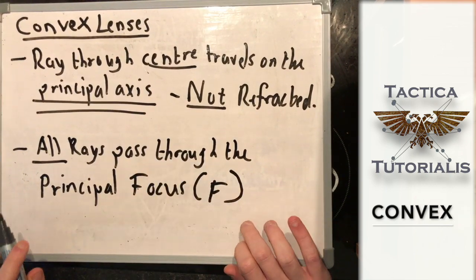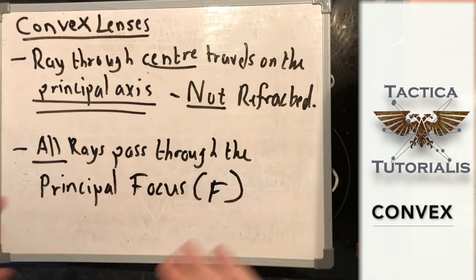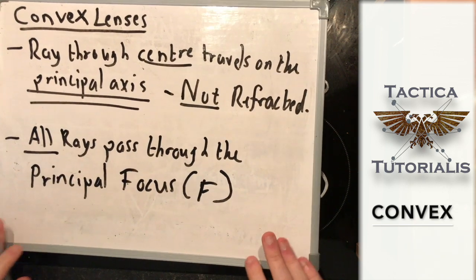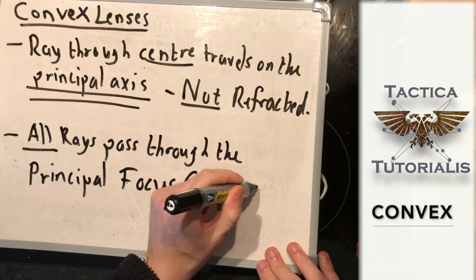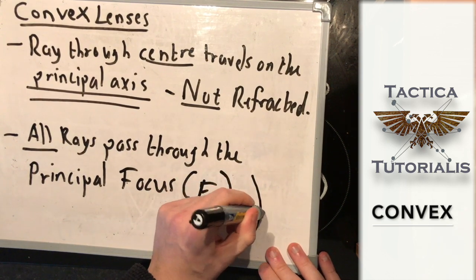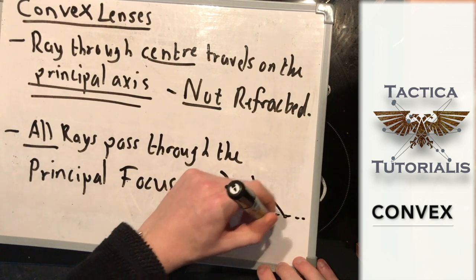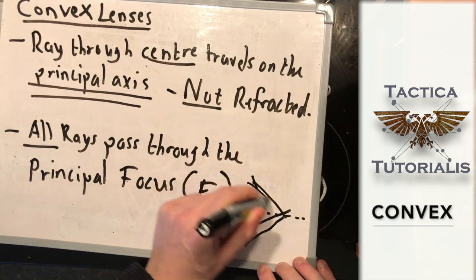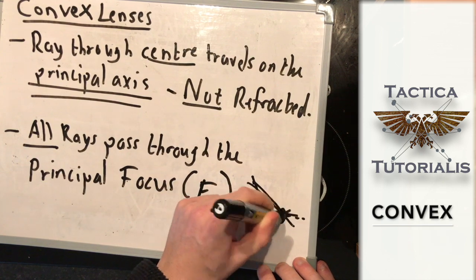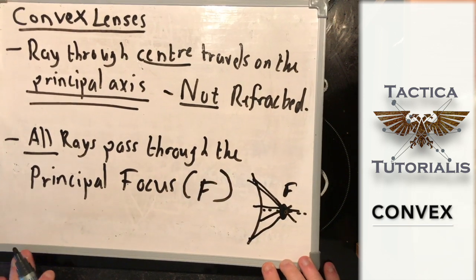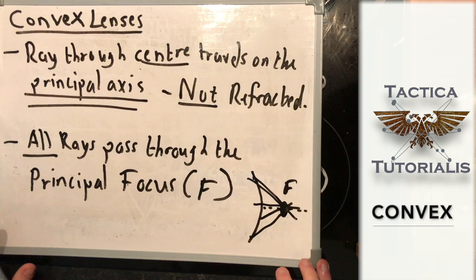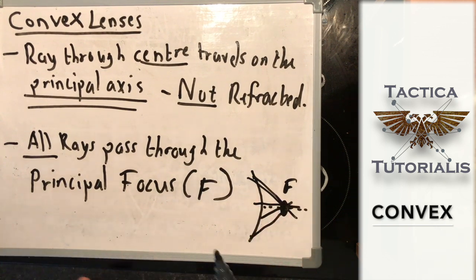You'll have seen it for forces, but in this case, we're talking about the point that all the rays pass through. So again, I've got the back end of my lens there. There's the principal axis. All the rays are going to pass through one point. Terrible drawing, but that's it.